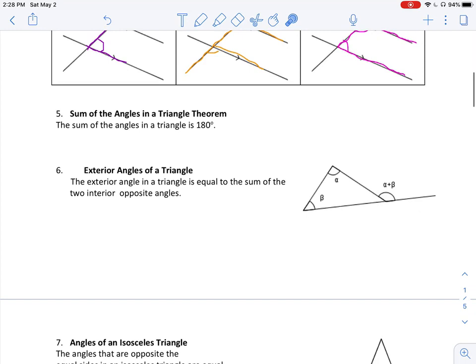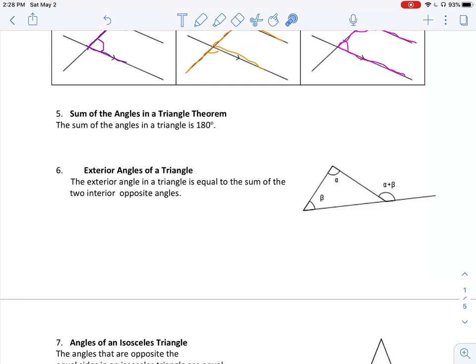Some things we already know, some of the angles in the triangle, all of the angles add up to 180. The exterior angle of a triangle is equal to the sum of the two interior opposite angles.